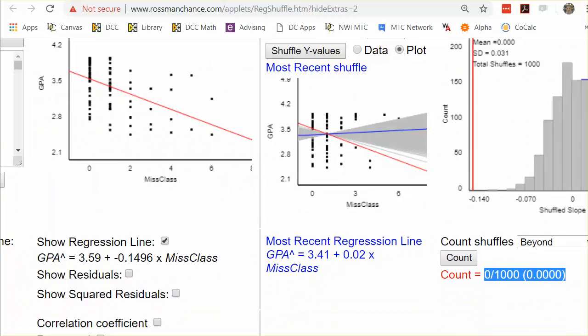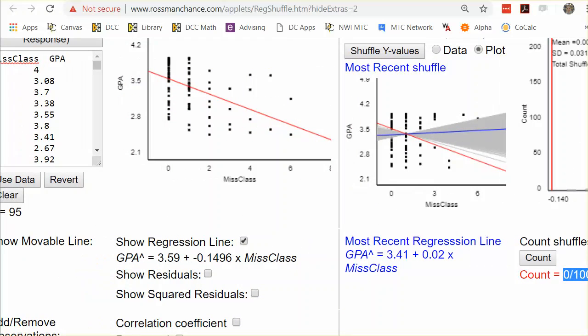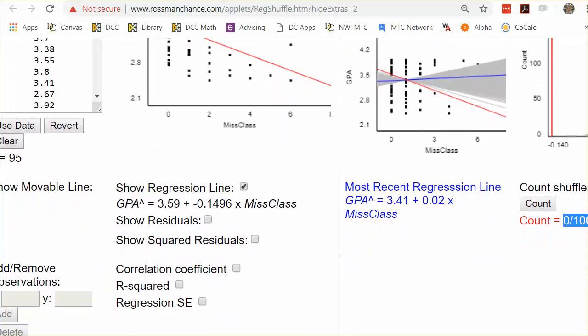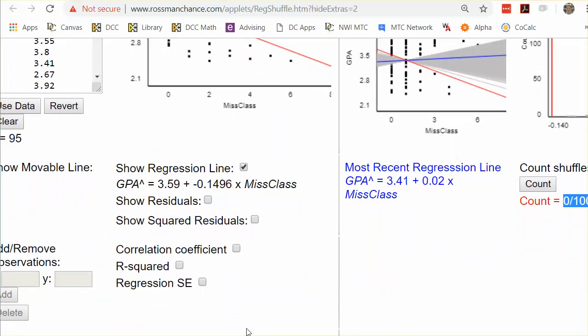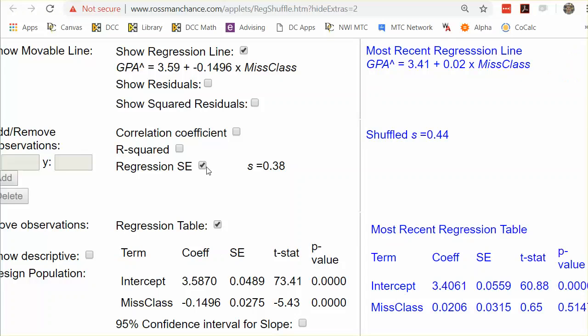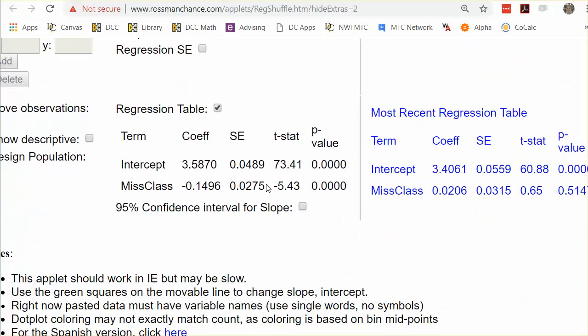And we could have done that as a theory-based test as well if we wanted to, by just clicking the, let's see, regression table right here. Sorry. If we click this, it gives us the slope that we observed, and it gives us the p-value.